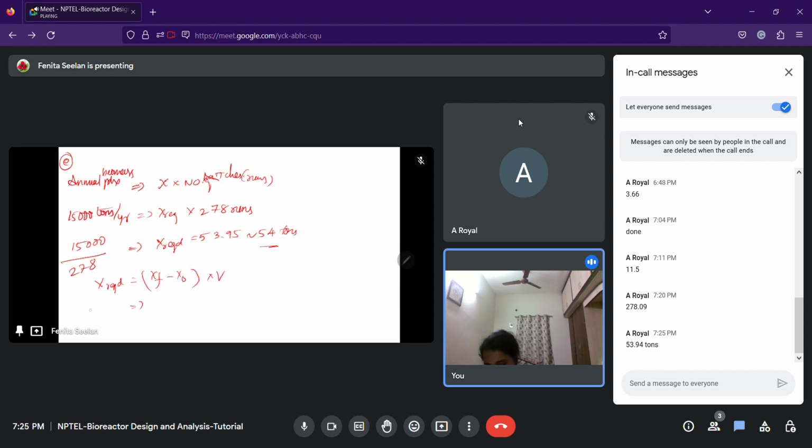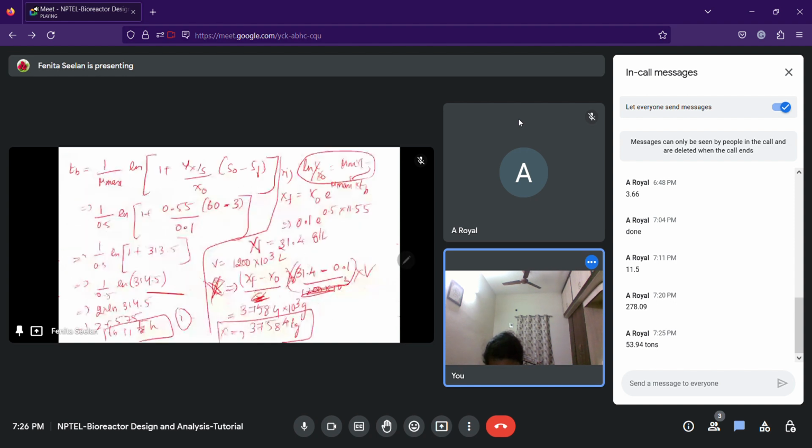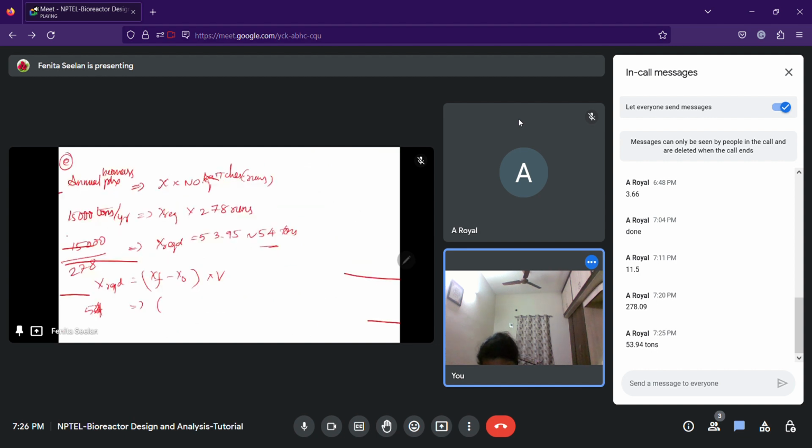We know x required, which is 54. We will take 54, our xf value is 31.4 and x naught is 0.3.